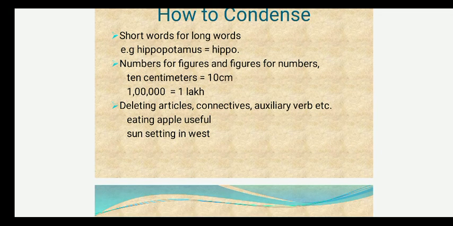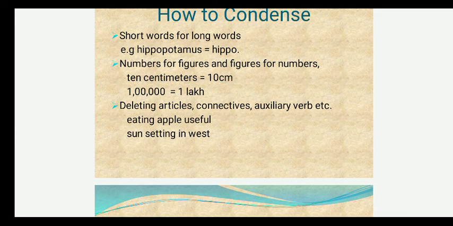And when you have a sentence, how to make points? You have to remove auxiliaries, connectives, and articles, linkers like because. Auxiliaries are is, am, are, was, were; these are to be exempted. For example, the point: eating apple useful.